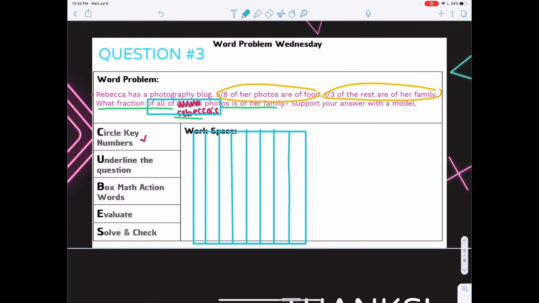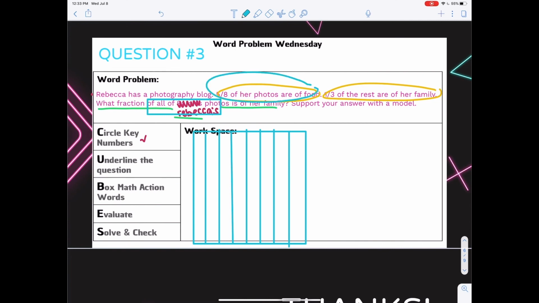And let's just double check. Okay, 1, 2, 3, 4. 1, 2, 3, 4, 5, 6, 7, 8. Awesome.